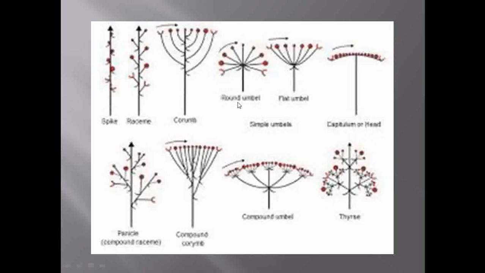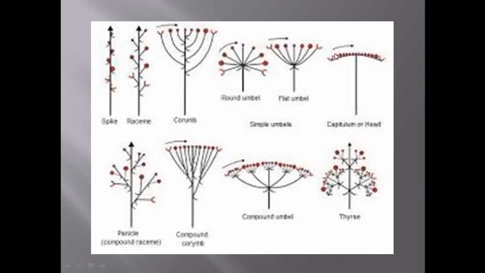If you observe here, this is an umbel type of inflorescence. See here, all these flowers are originating from a single point. So this is the difference between corymbose and umbel. Umbel has a single origin, while in the corymbose type of inflorescence, each flower originates from a different axis. Then this is called a flat umbel, and this one is the round umbel, depending upon the arrangement.